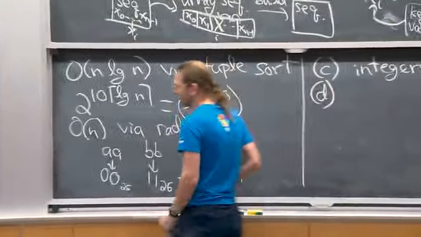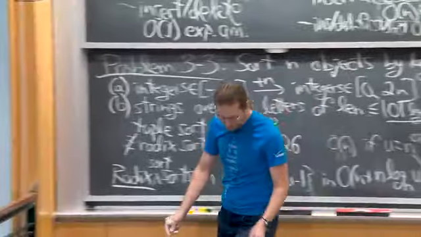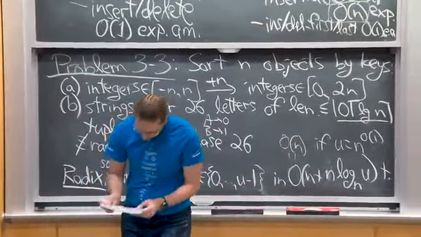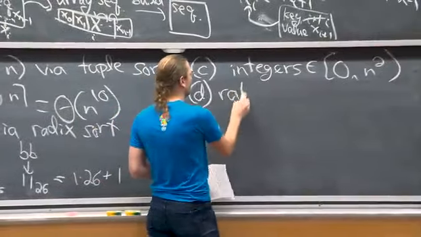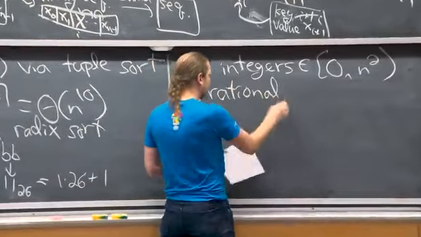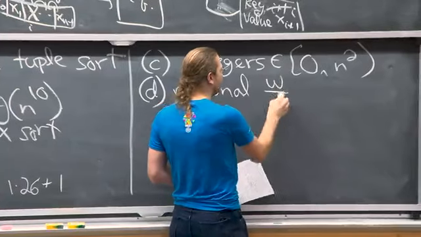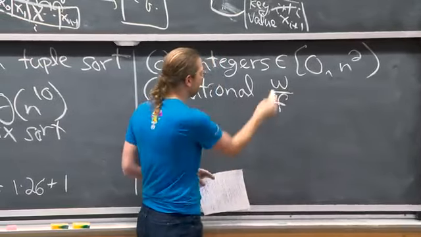D is where things get more interesting. Let me get the phrasing the same. So D, we have rational numbers of the form W over F. This is some win ratio.